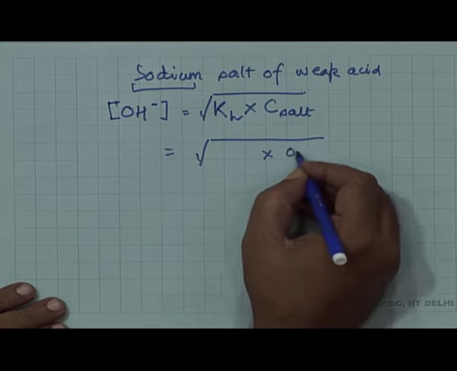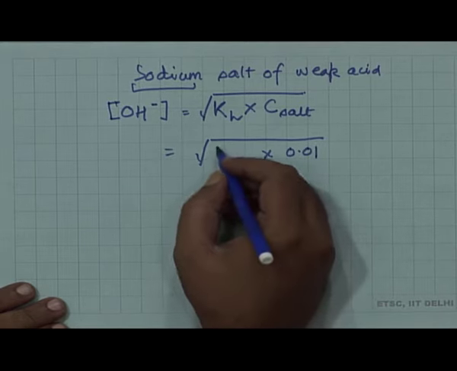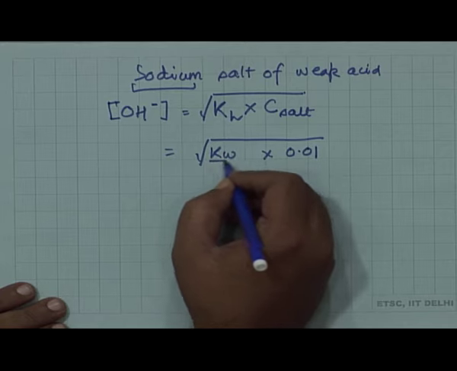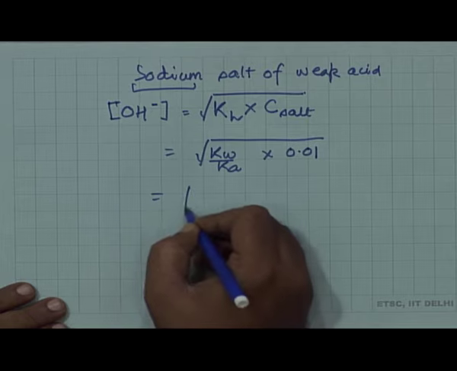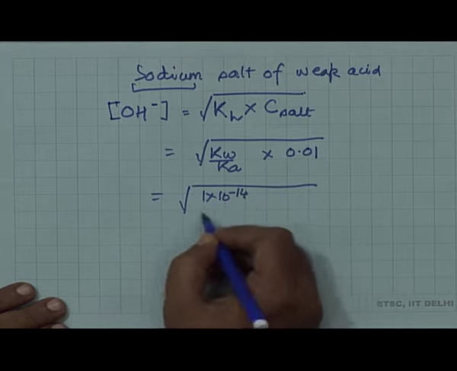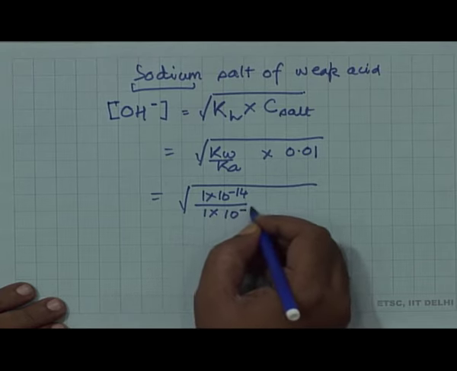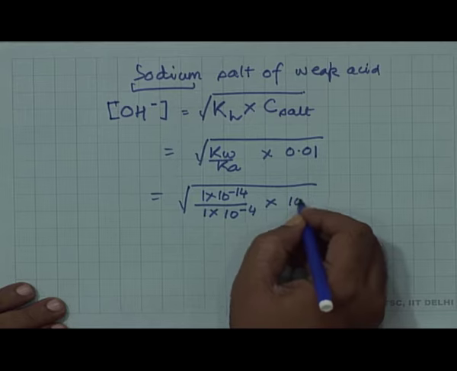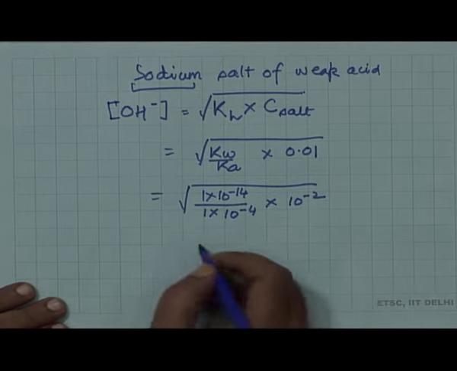Concentration of salt is 0.01, and Kh again we have Kw by Ka. Kw we know is 1 into 10 to the power minus 14, and Ka is given as 1 into 10 to the power minus 4, into 10 to the power minus 2. 0.01 is 10 to the power minus 2.